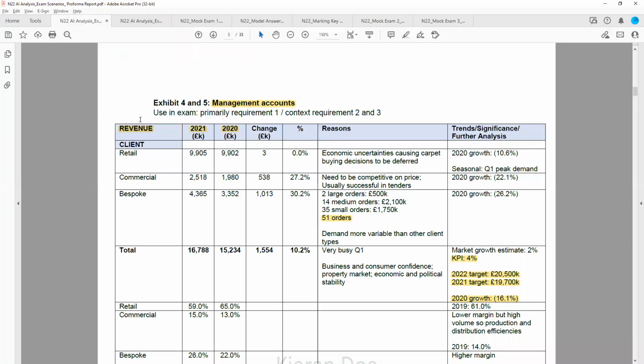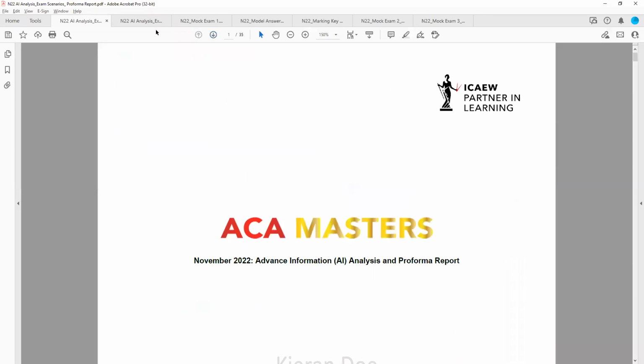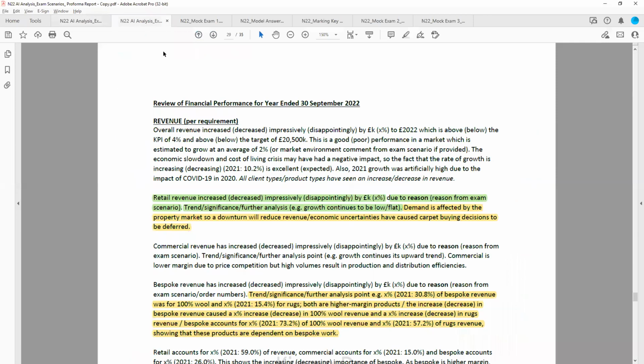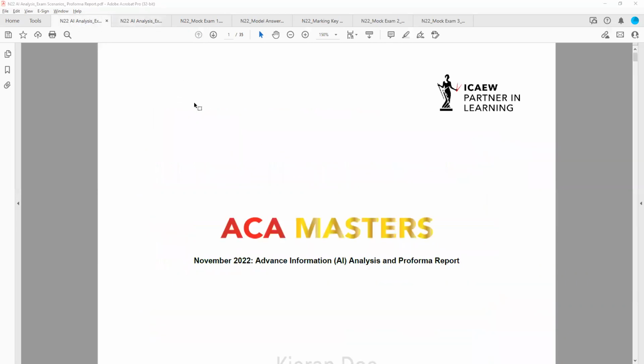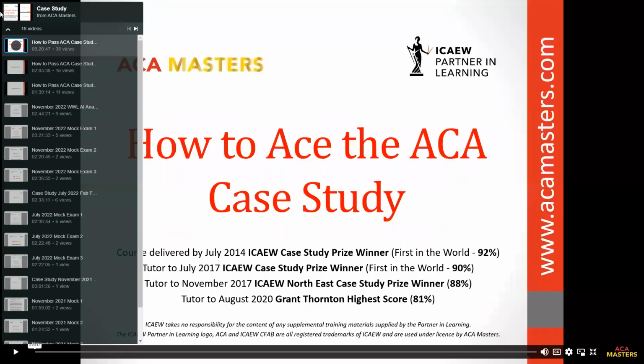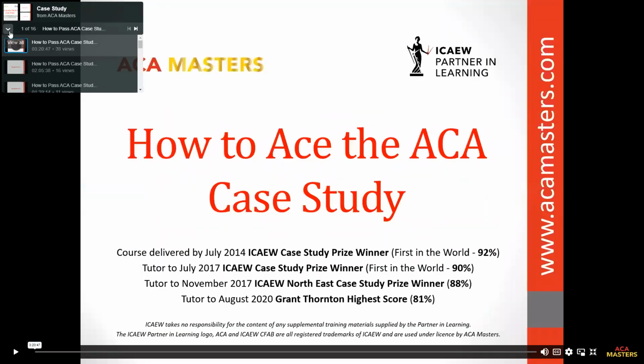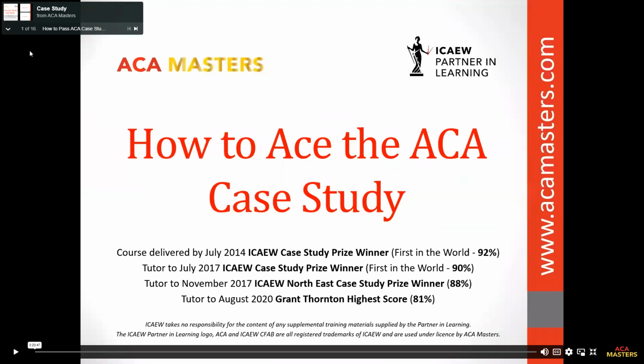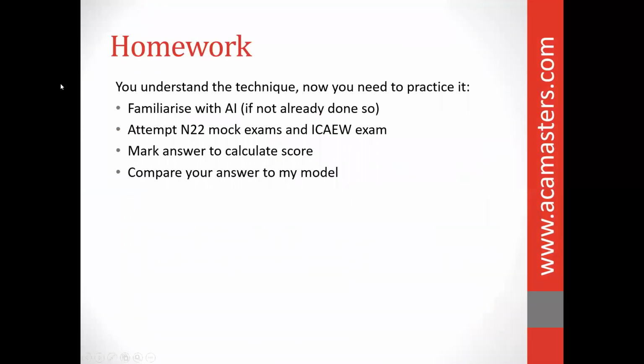And on the same page as our video course, you can also download the AI analysis for the exam and also our pro forma report, so that you'll go into the exam with everything that our actual students for the November 2022 exams had.